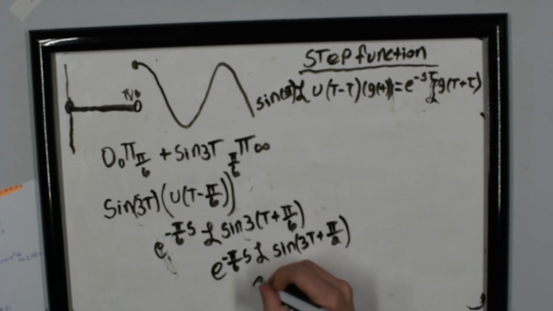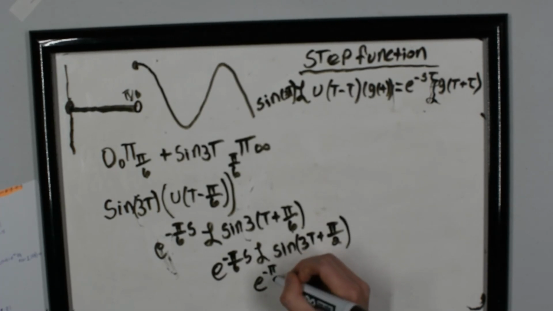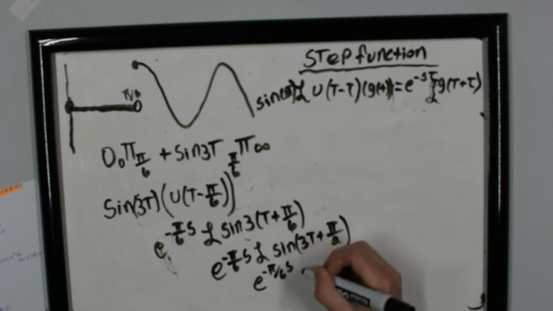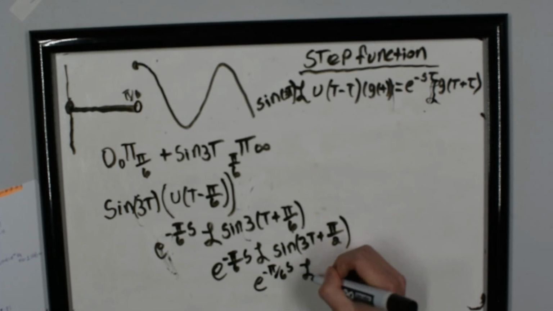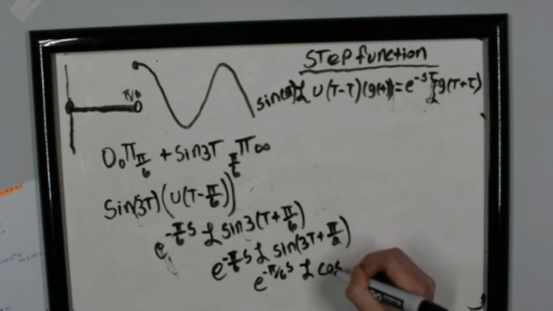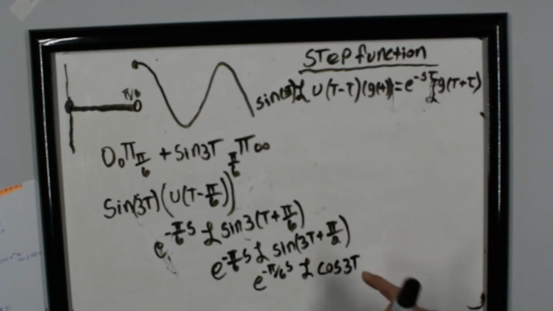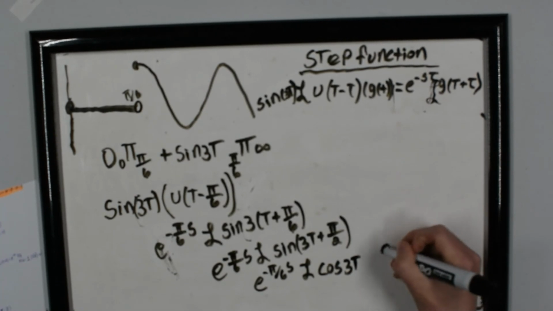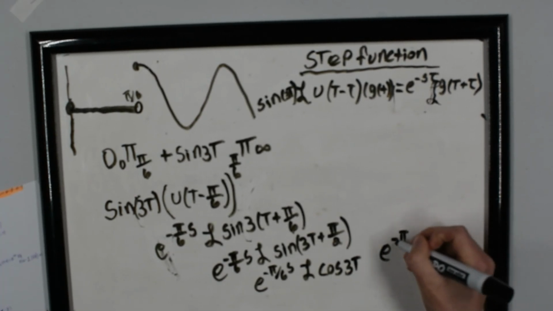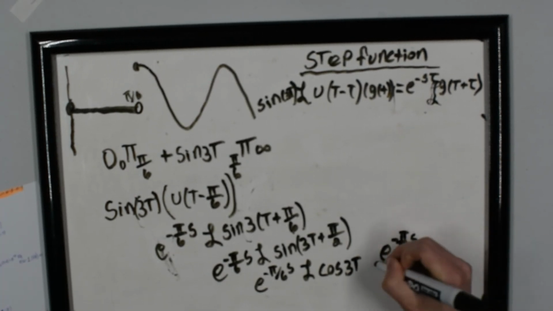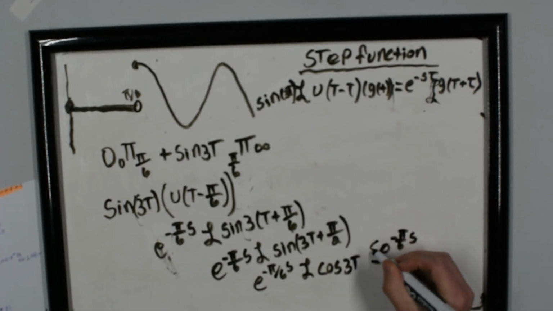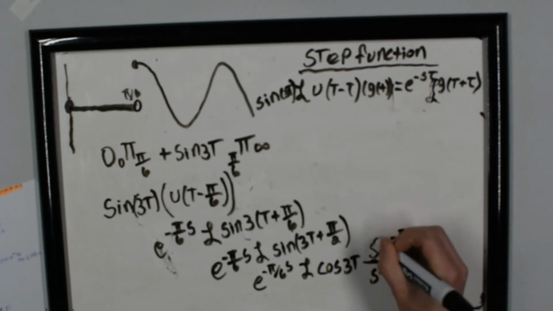So we'll be left with e to the negative pi over 6 s times the Laplace transform of cosine 3t. And we know this to be s over s squared plus 9. So the final answer will be e to the negative pi over 6 s, multiplied by s over s squared plus 9, because it's cosine.